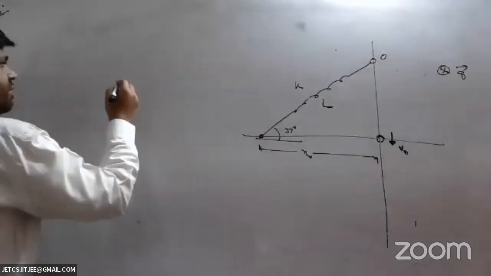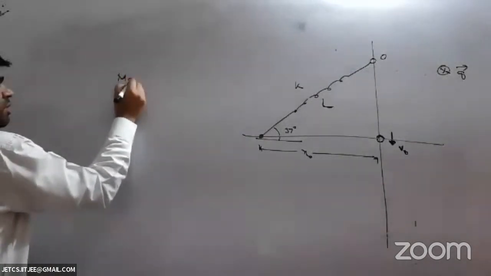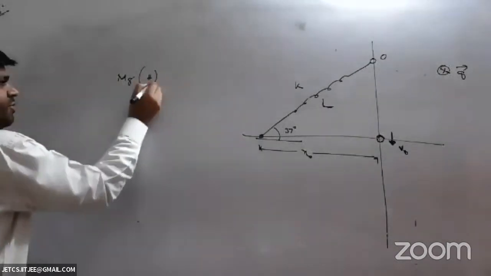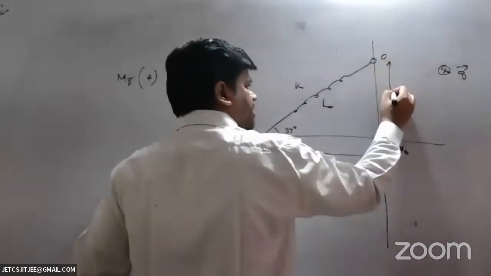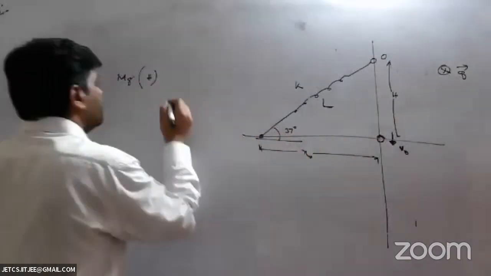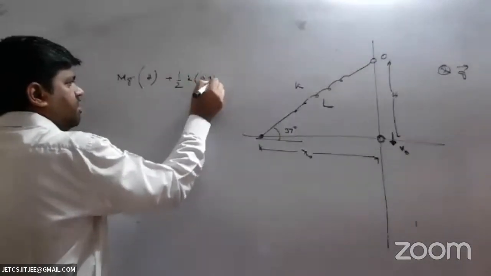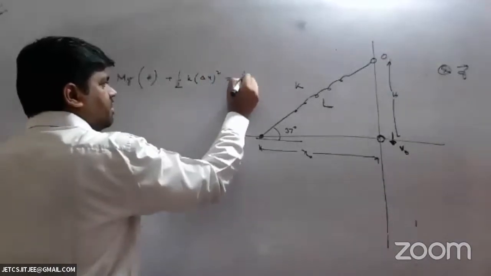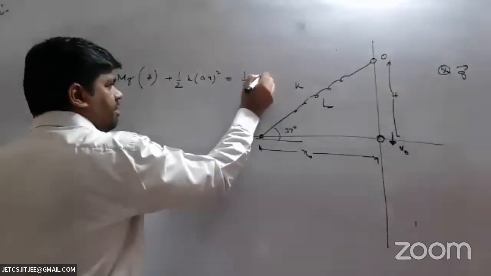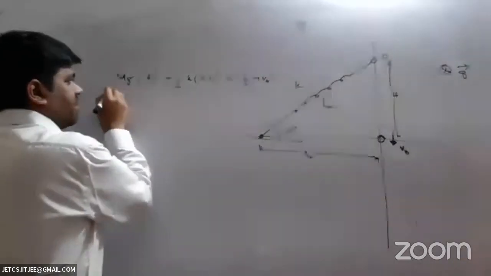What is the initial total energy? mg into h, let's say this is h, plus half k delta x square is equal to half m V naught square.